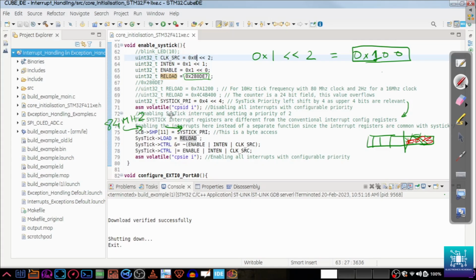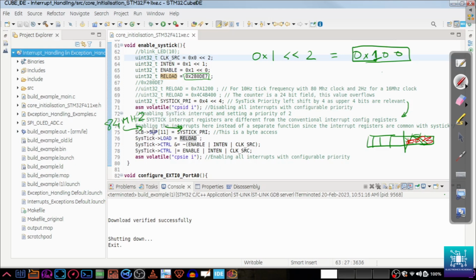When the control is moving through this code, it should not be disturbed. So that is the reason why we use CPSID I, and we have to use ASM volatile because this register cannot be accessed using the address map.